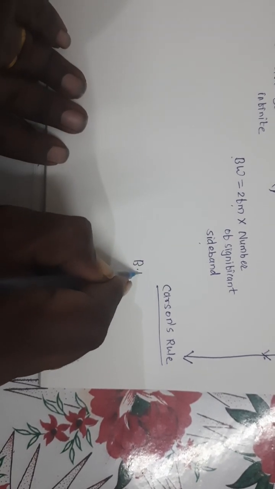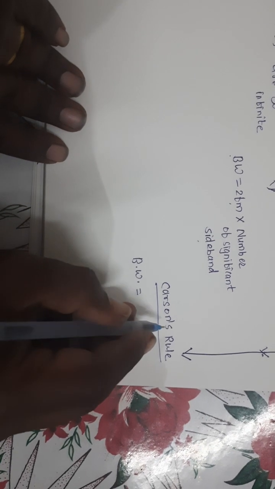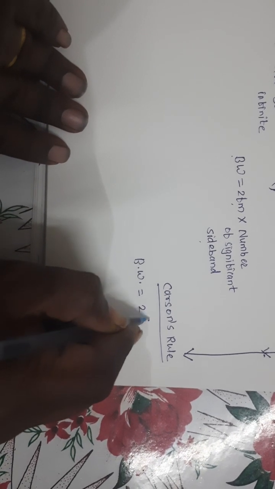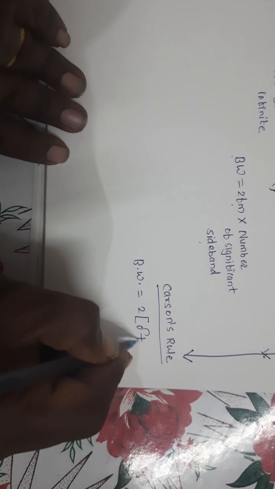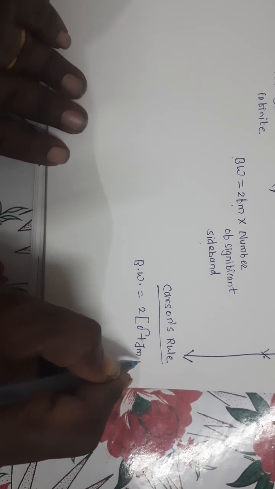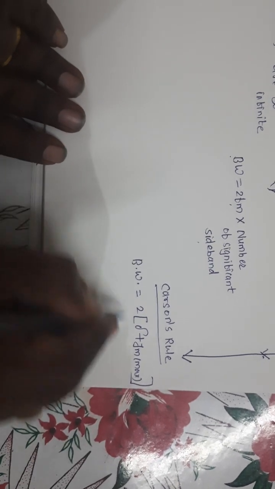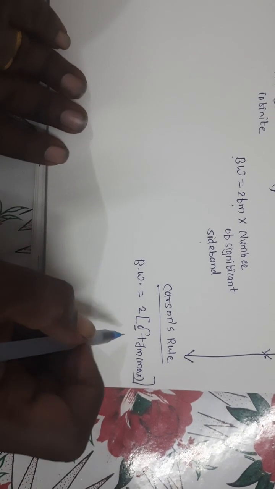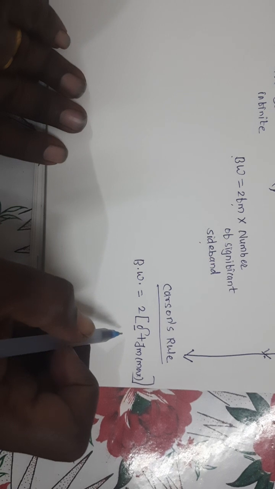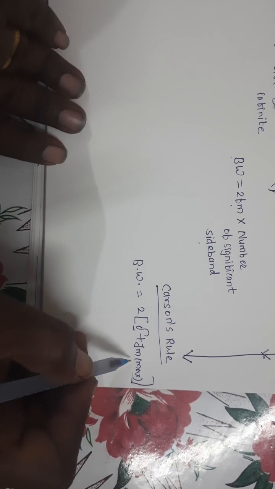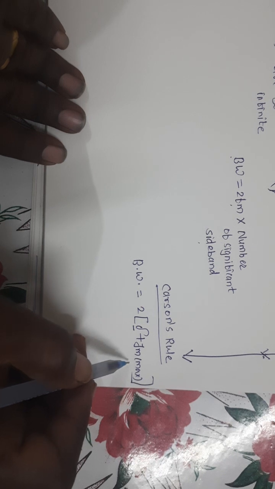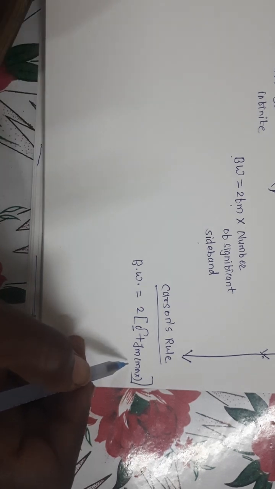The formula is bandwidth equal to twice into bracket delta plus FM max, where delta is the frequency deviation and FM max is the maximum modulating frequency.